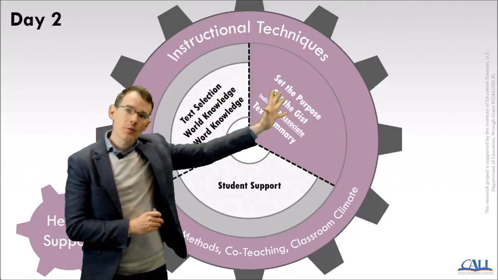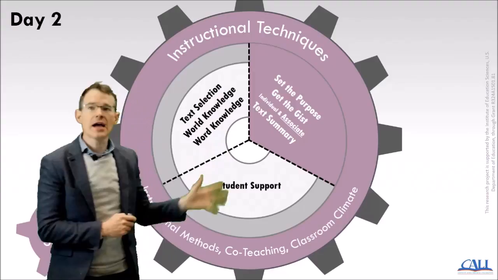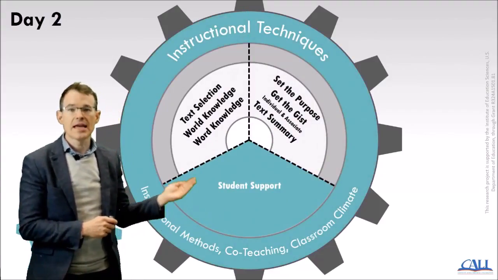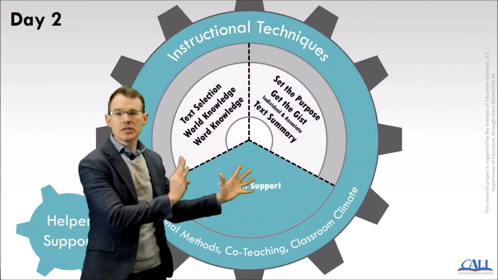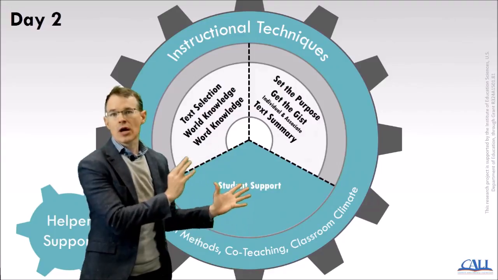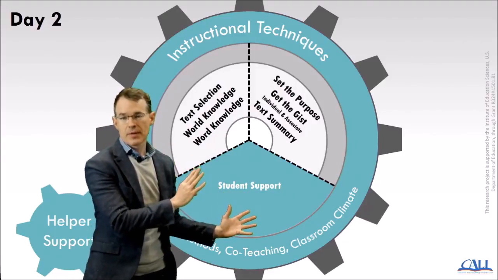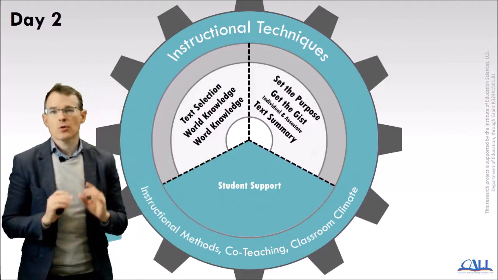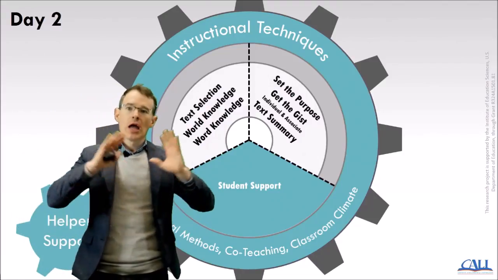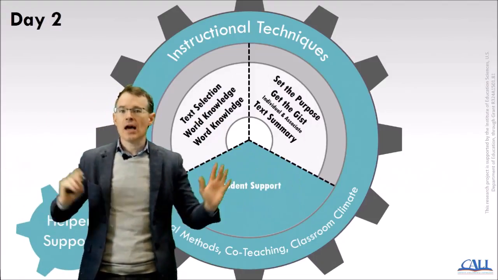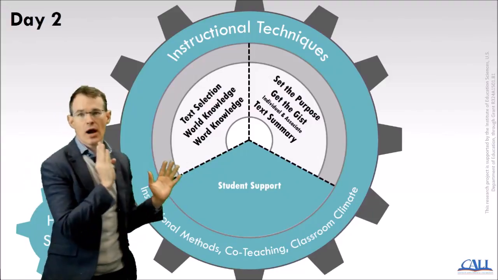So now that we have the activity piece together, the final part we'll go into on the second day is student support. Because ultimately, comprehension doesn't work unless it works for the given student. And a critical concept here is that we're not just designing instruction for just one level of kid in the class. We need instruction that works for everyone.